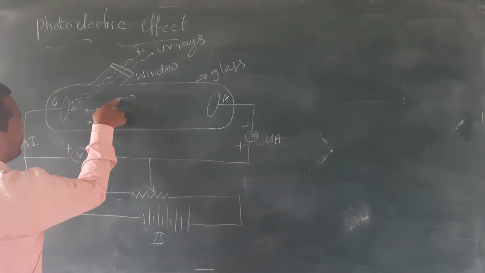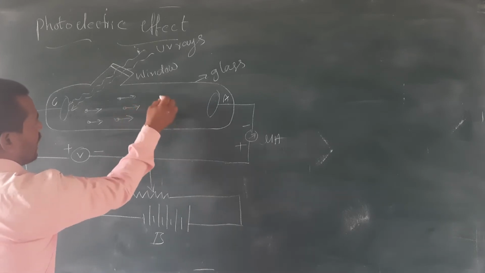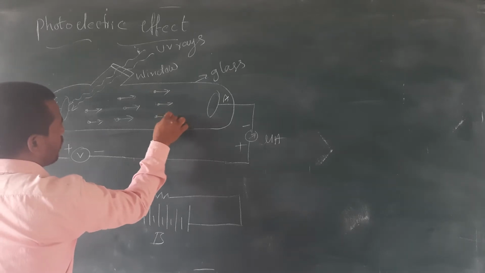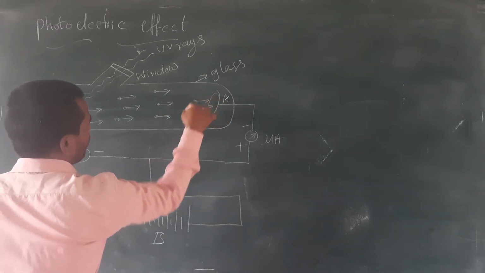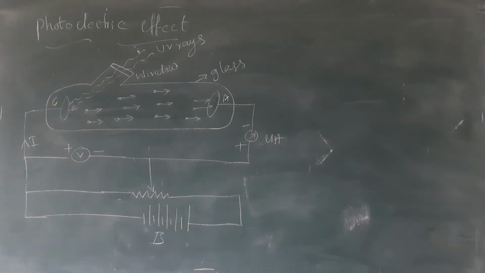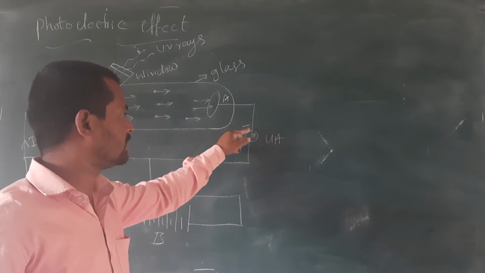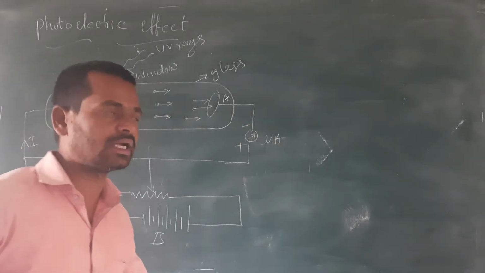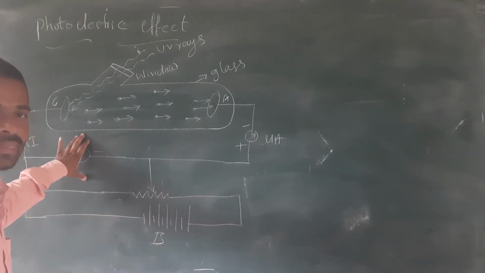So it is one electron, another electron, like this. These electrons travel towards the anode. The anode attracts all the electrons, and they travel in this direction and show the current: how much current is produced with these electrons, and how much voltage we are applying, can be shown here, right?